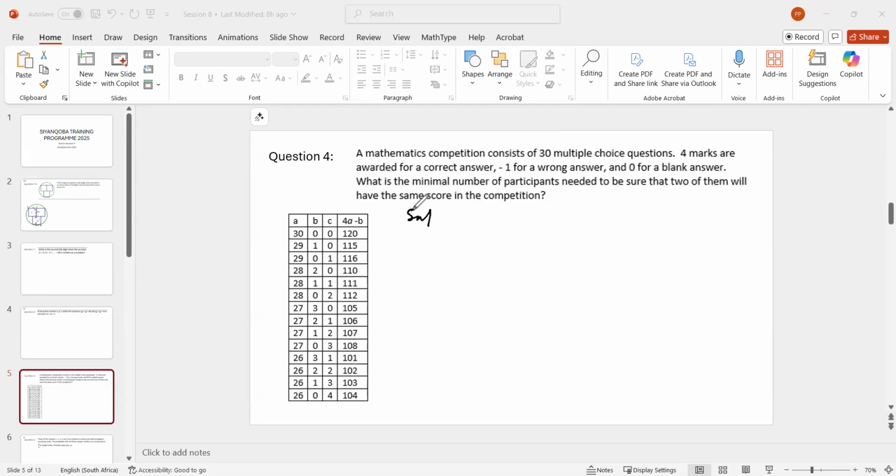Suppose, just to understand the question, minimal number of participants is, say, 10.